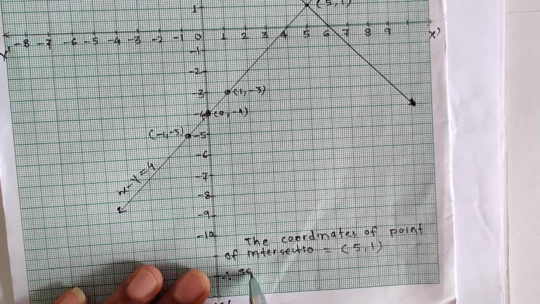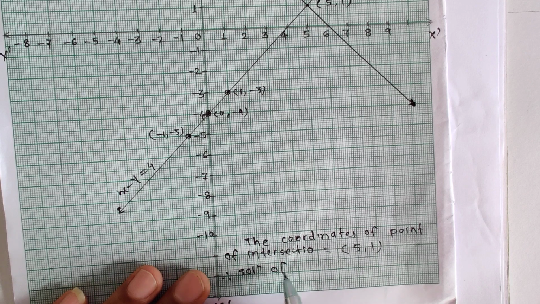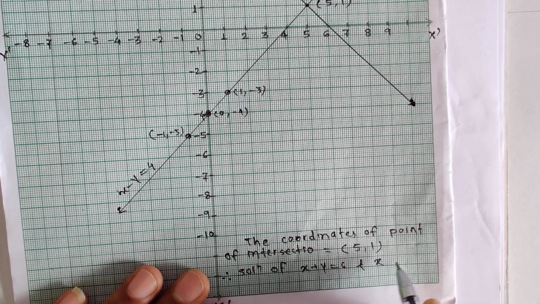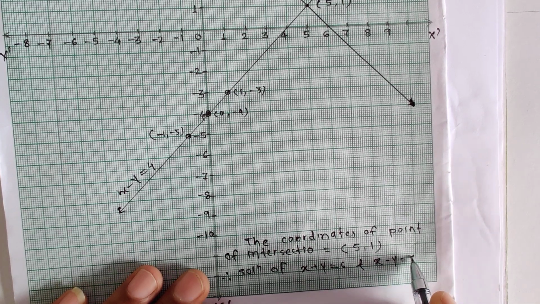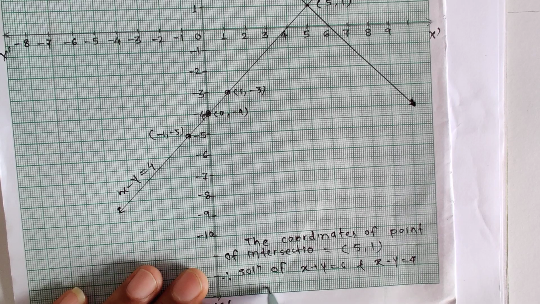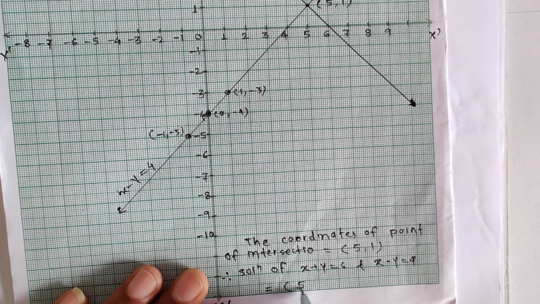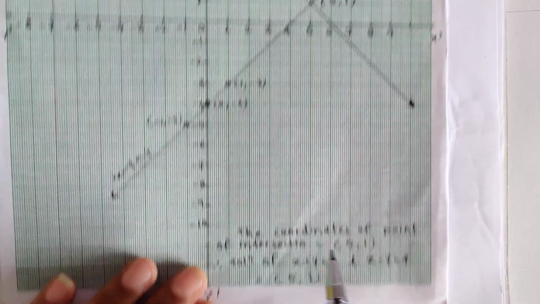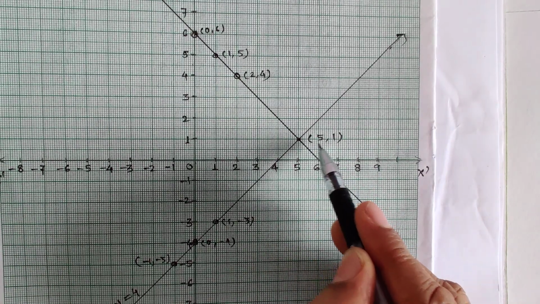Therefore, solution of the equations x plus y is equal to 6 and x minus y is equal to 4 is 5, 1. So these coordinates of point of intersection is our solution.